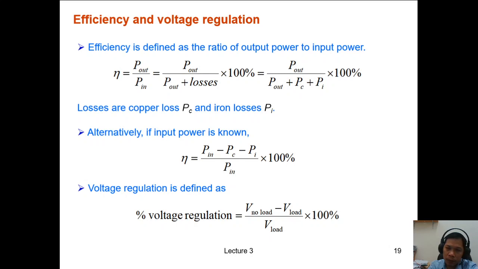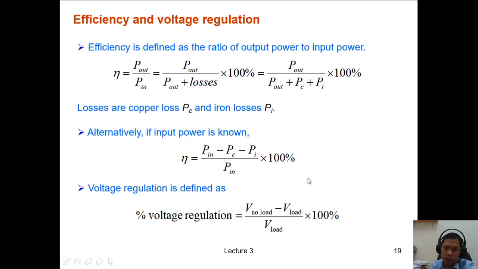That's the efficiency calculation. Here PC is the core loss, and PI is the iron loss. If you know the input, then you can calculate the output by taking out the losses from the input, so take out the copper loss and also the iron loss.